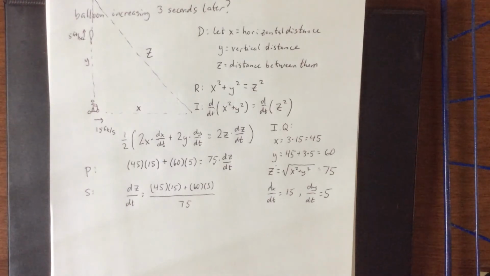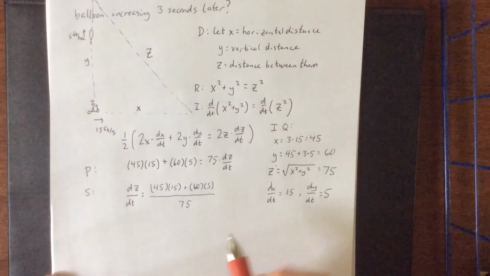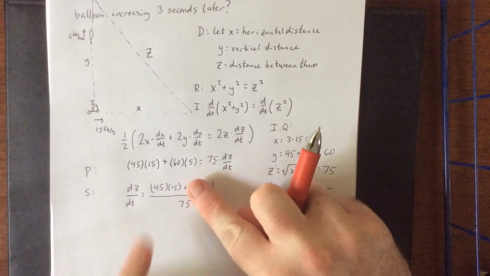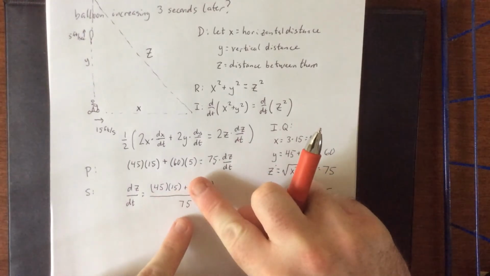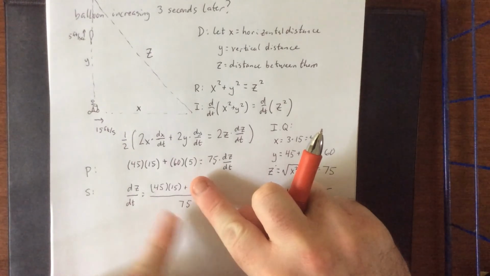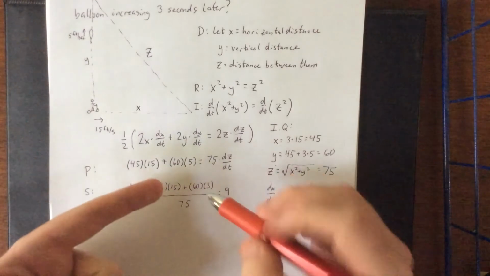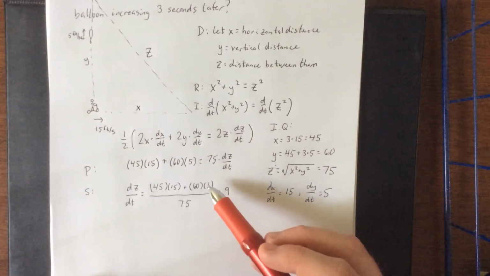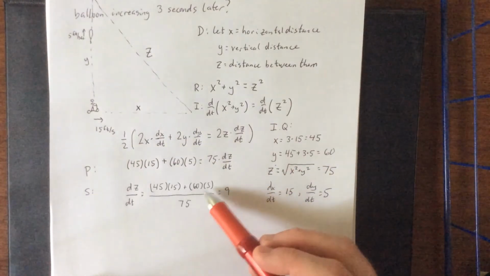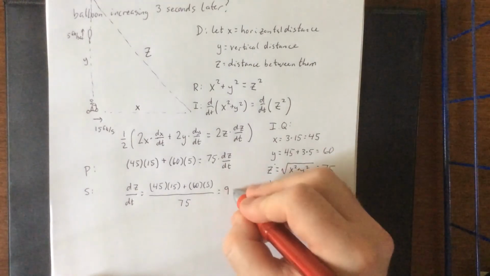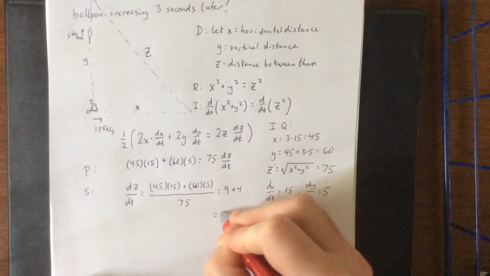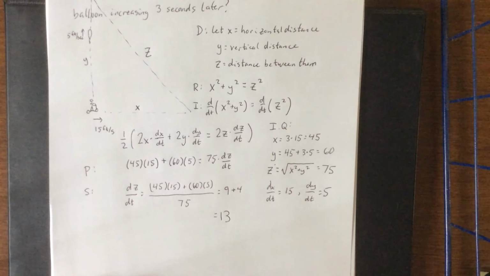I actually don't have a calculator in the room with me. This is a little bit embarrassing. So for the first term, we can reduce the 15 over 75 to be 1 over 5, and then 45 divided by 5 would be 9. For the second term, we can reduce the 5 and the 75 to 1 over 15. 60 over 15 will be 4. So the final answer for this one numerically is going to be 13.